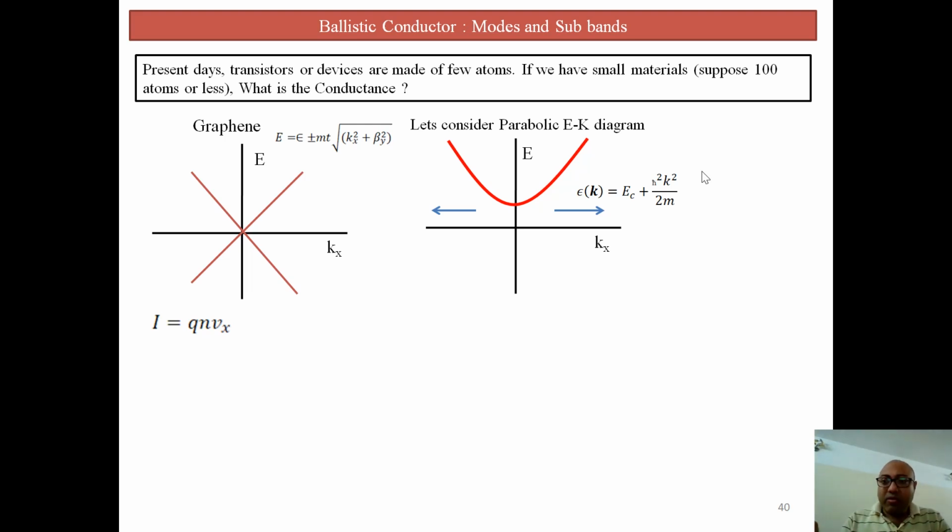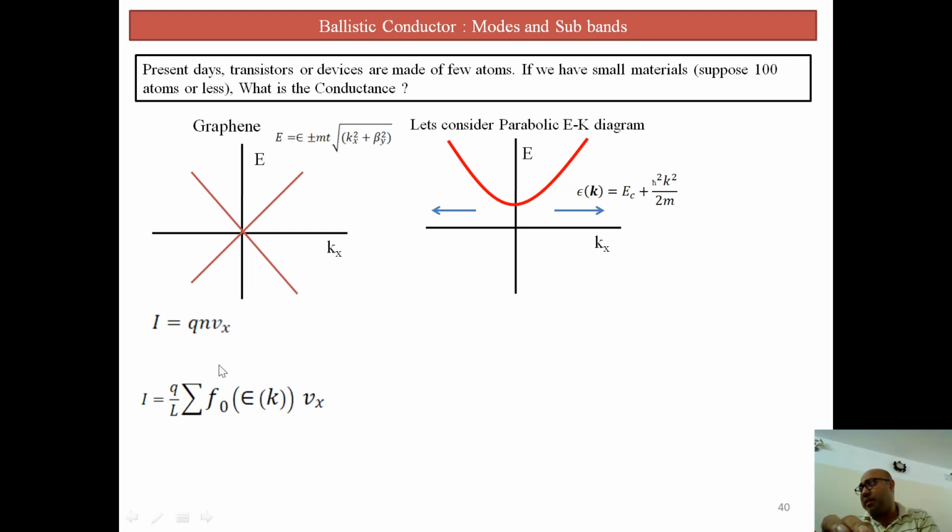Now we can write the current expression like this. For a moment we forget the general expression and go directly to I equal to q n v, and then write I equal to q by L times a factor of this.